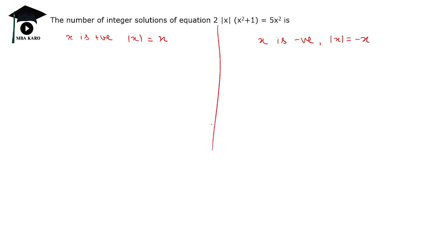So we will make two cases. So first case, if we take 2x into x square plus 1 equals 5x square. Now remember that if we are dividing, we are taking x common. We are assuming that x is not equal to 0. Because if you put x equal to 0, this is satisfied, right? 0 equal to 0. So one of the solutions is 0. Okay, and then we will see the other solutions also.